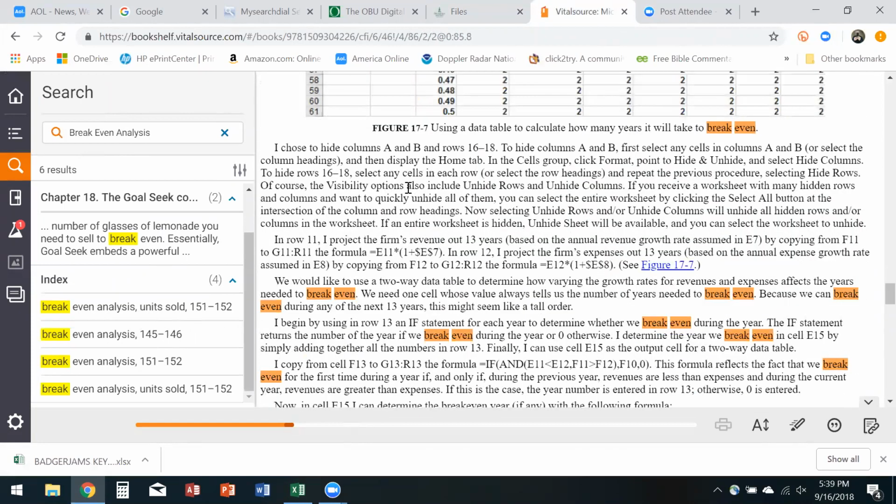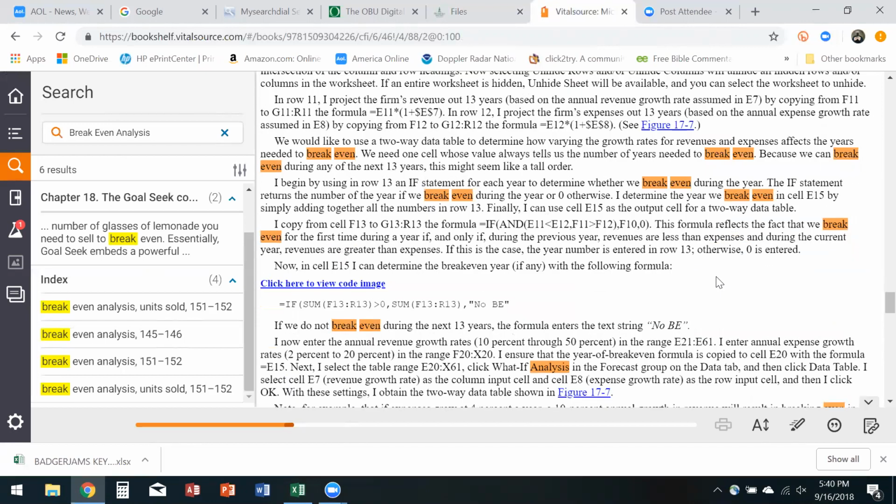Break-even analysis says there is a point at which I have to sell a certain amount of product at a certain price in order to make sure that my revenues and expenses match. In other words, that I don't have more expenses than revenues. All right, and they walk you through that process.